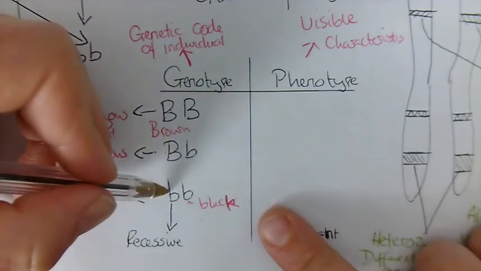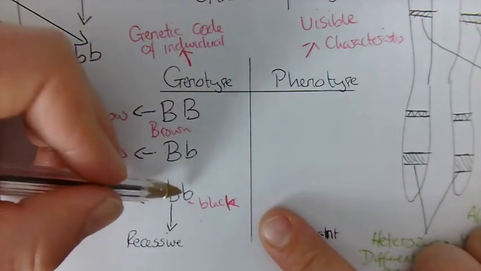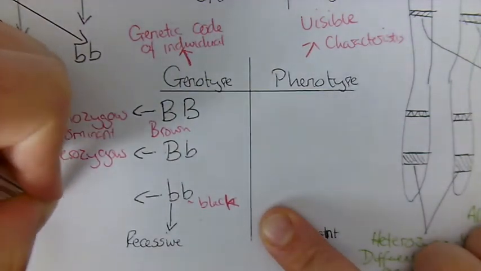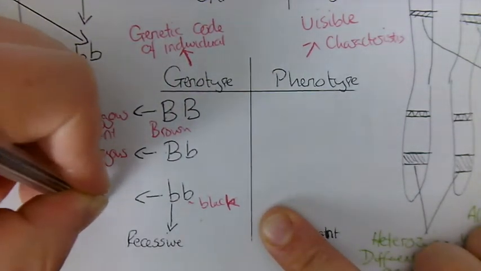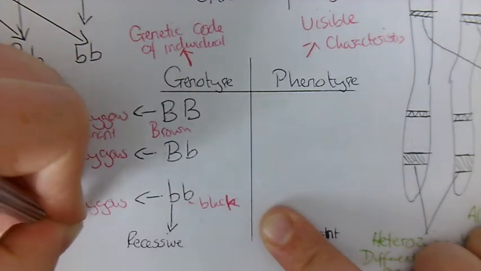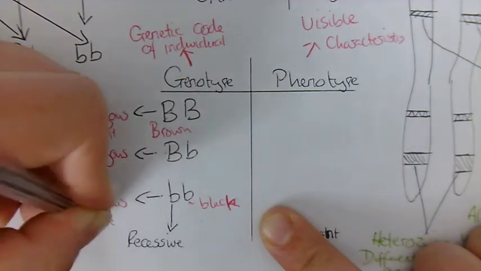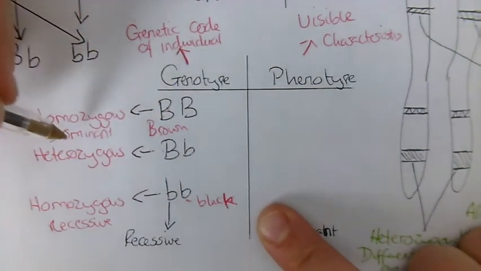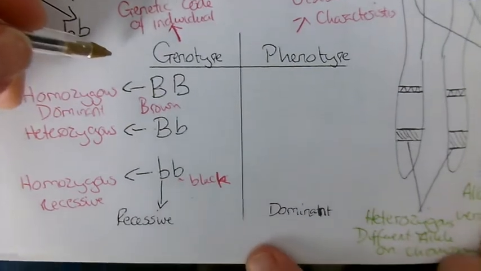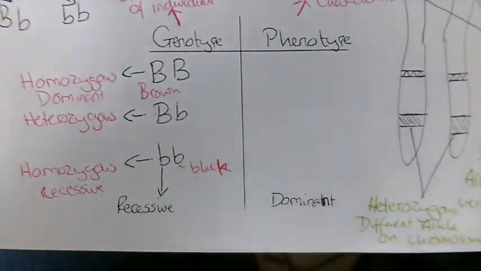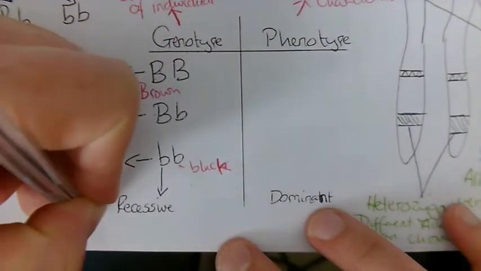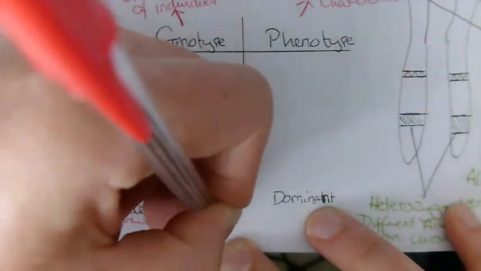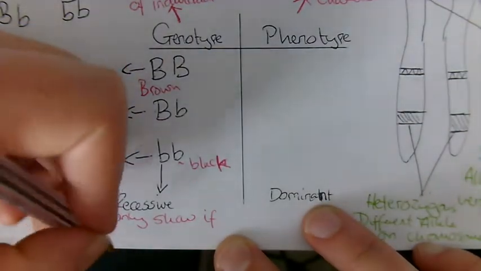Now down here we've got two of the same allele, but they're both little letters. That means they're homozygous recessive. Okay, so we've got little letters for recessive genes and we've got big letters for dominant. So what that means is the recessive will only show if there are two copies present.